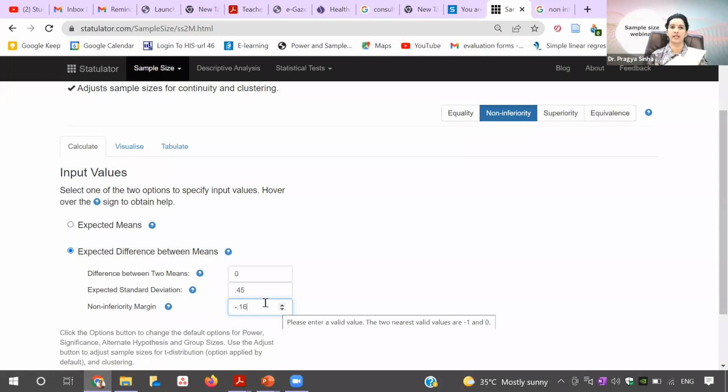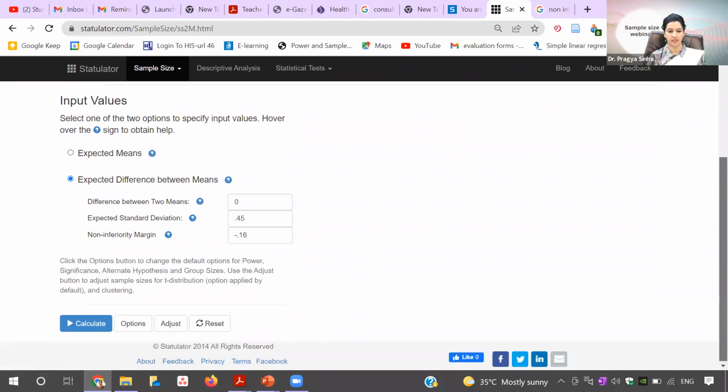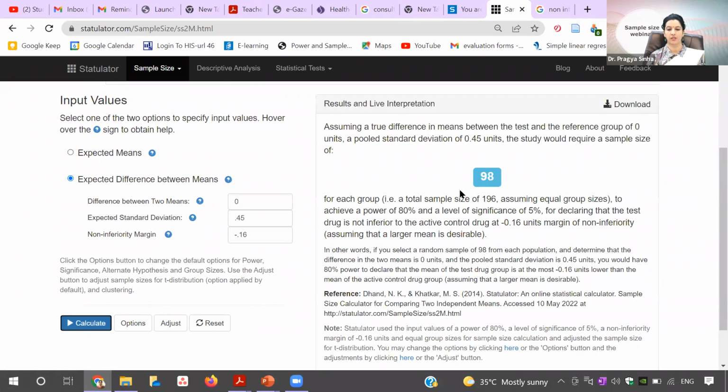Now, can you see here in the non-inferiority margin, there is a minus sign. This minus and plus does not matter here. Why? Because let me first calculate it. So it is 98. In this case, the outcome is a positive outcome, that means the luminal loss is less. You are preventing this much luminal loss.